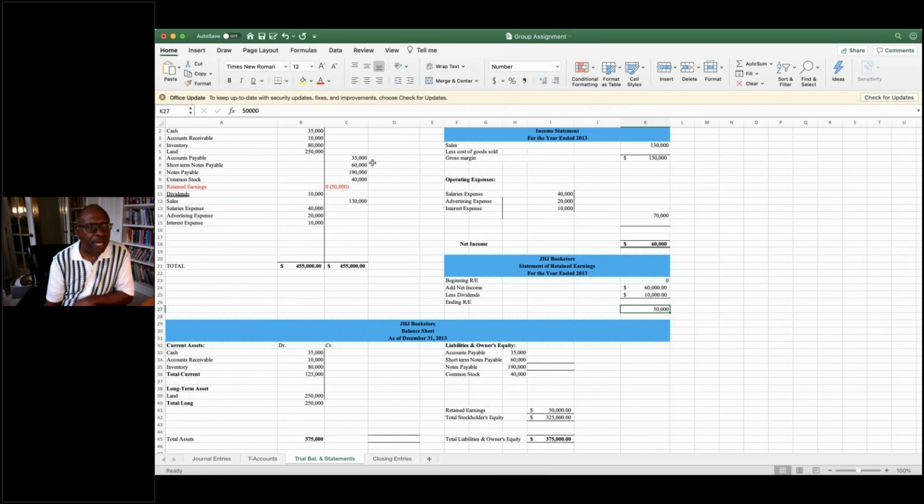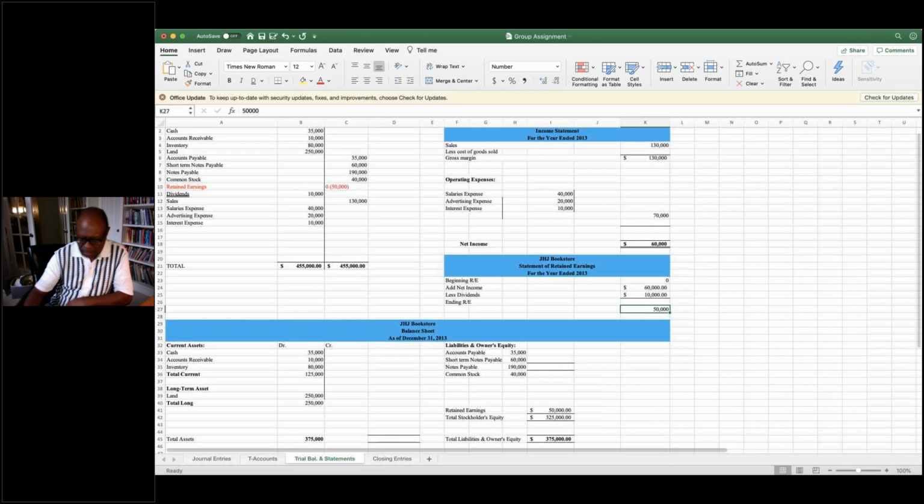Then we come up and pull up our liabilities. We keep our liabilities typically separate, because we should have liabilities and then stockholders' equity, because you need to know who your company owes, and that's important.